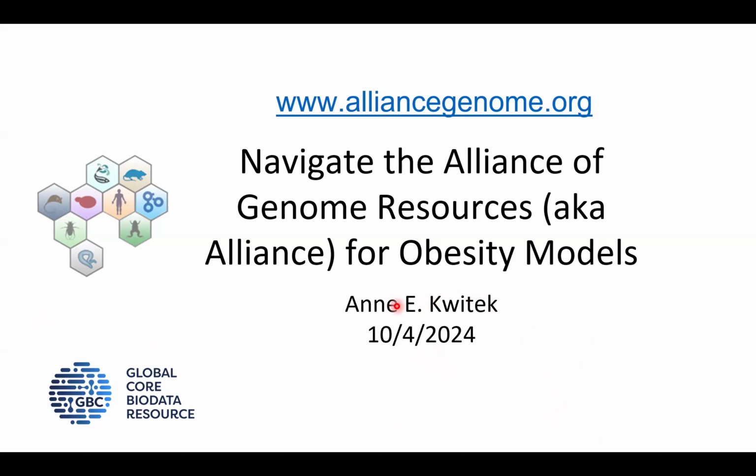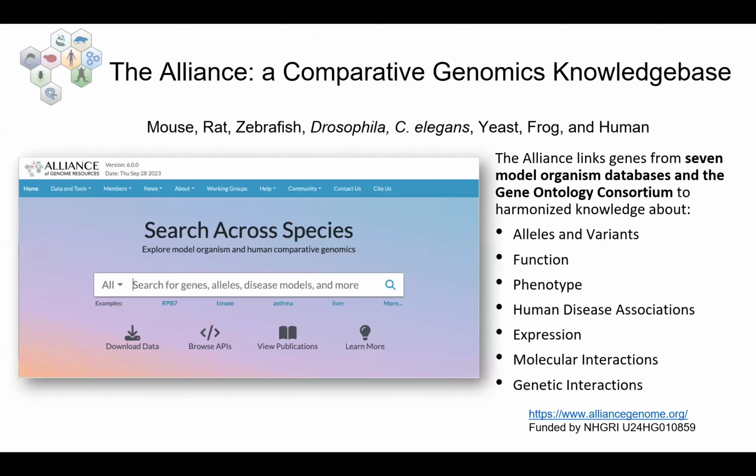So today I'm going to talk a little bit about the Alliance of Genome Resources. I sort of mentioned it before, specifically to look for obesity models, and the URL for the Alliance is alliancegenome.org. I encourage you to go visit it.